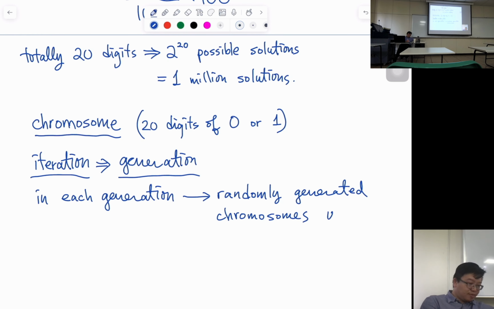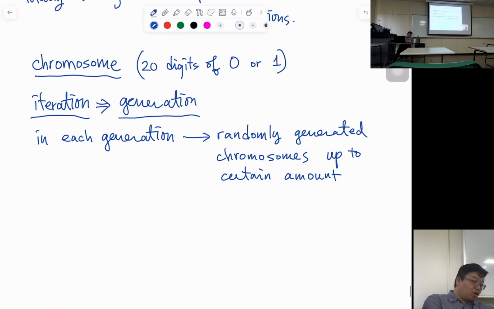We call this, no, actually we don't call it number of chromosomes. We call it population. The amount of chromosomes, we just directly call it population.